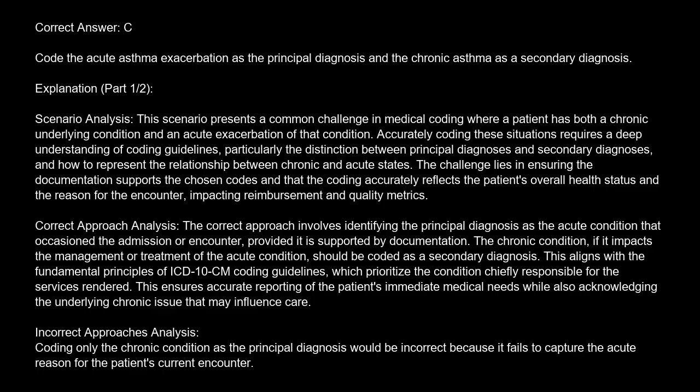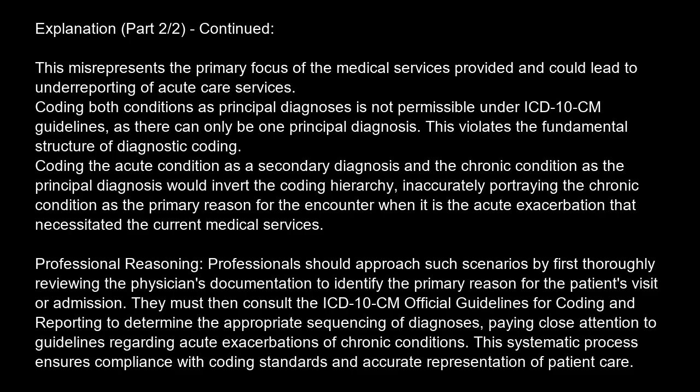Incorrect approach analysis. Coding only the chronic condition as the principal diagnosis would be incorrect, because it fails to capture the acute reason for the patient's current encounter. This misrepresents the primary focus of the medical services provided and could lead to underreporting of acute care services. Coding both conditions as principal diagnoses is not permissible under ICD-10-CM guidelines, as there can only be one principal diagnosis.